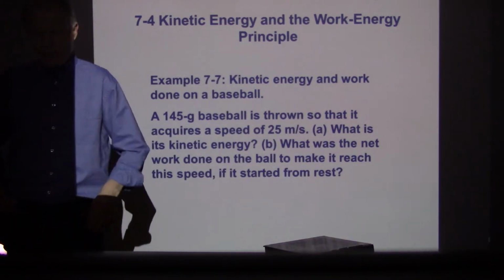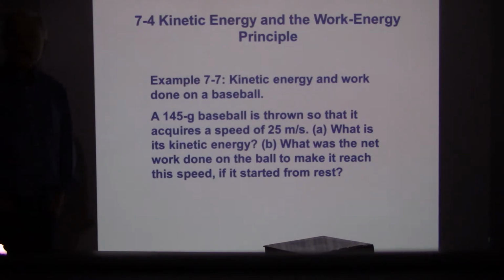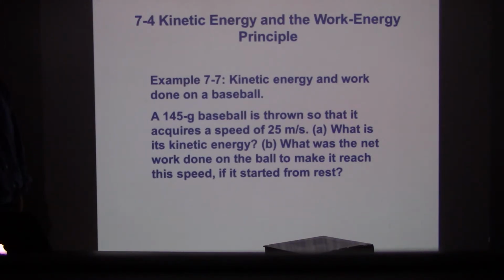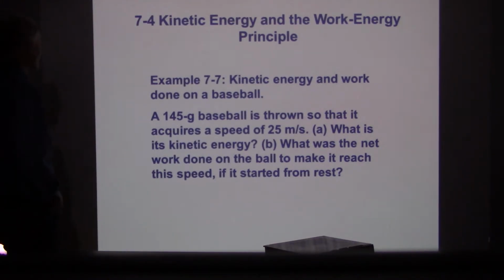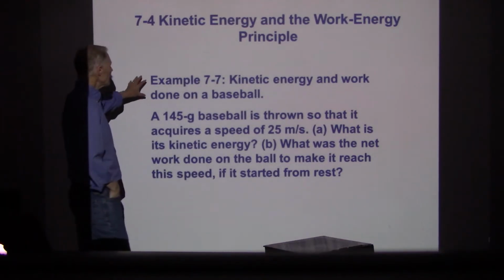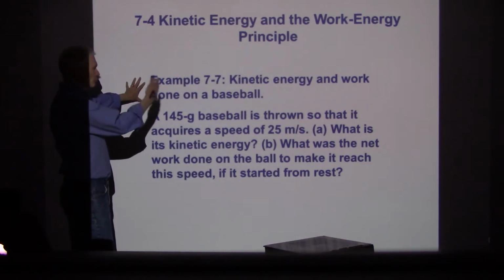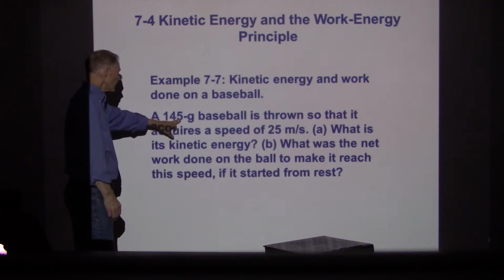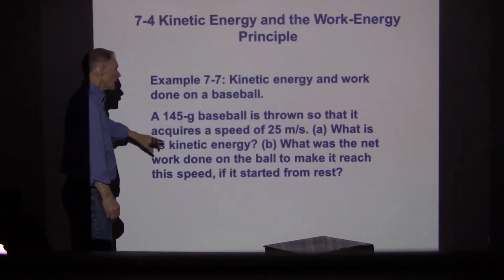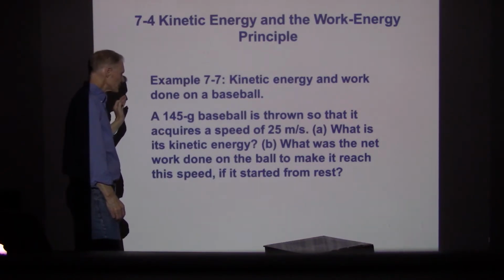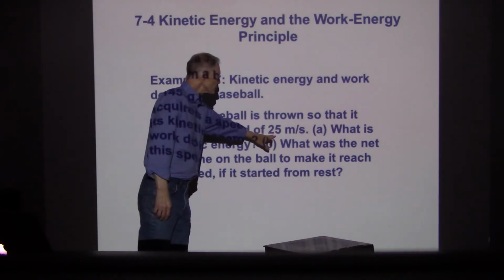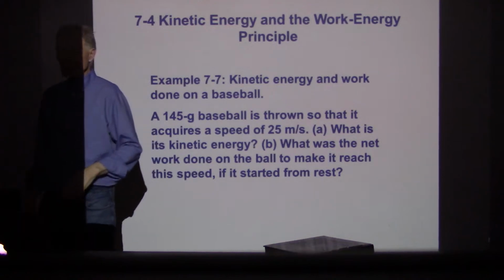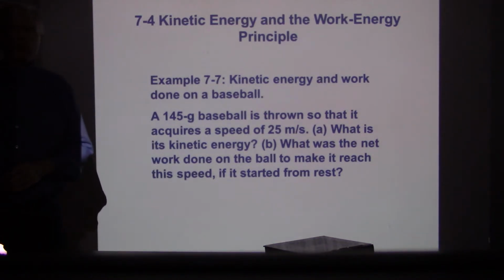Okay, here's that baseball example. So this was the very first slide that we started out with, the athletics picture. Kinetic energy and energy transfer on a baseball. So here we go. The baseball is 145 grams. It goes from rest to 25 meters per second. Now, 25 meters per second doesn't sound very major league.